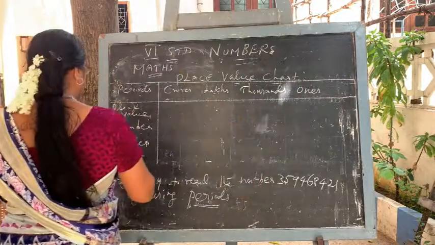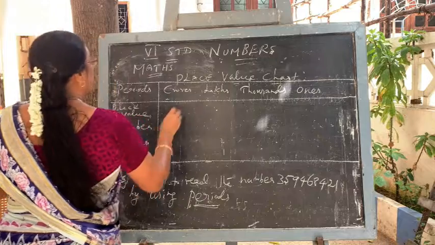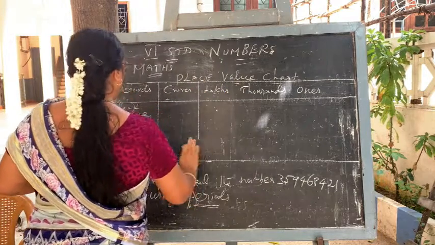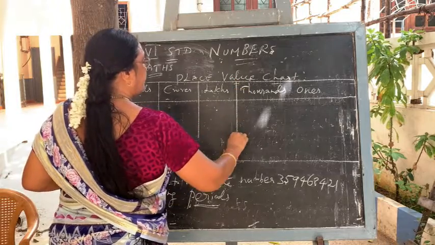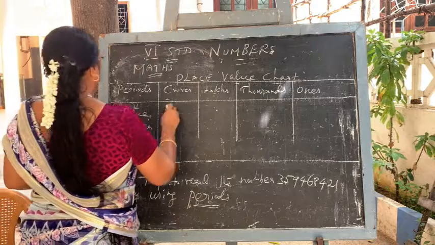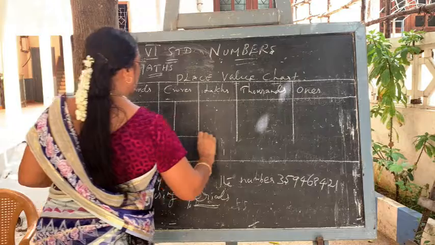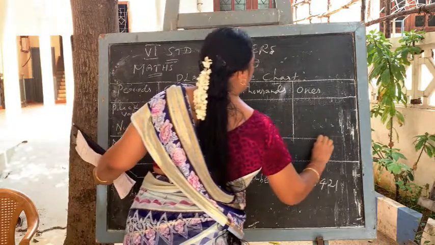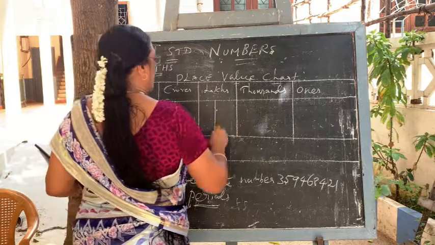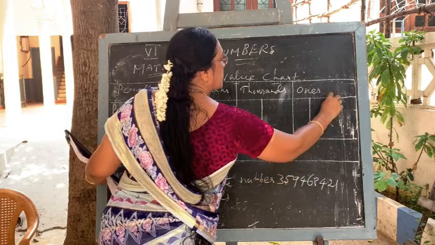These are all the things you already learned in your standard, but we are just recalling them. Okay. Now I told you how to split this. We have to split the crore into 2, lakhs into 2, and thousands into 2 columns, and ones into 3 columns.